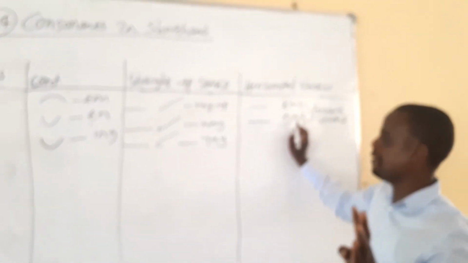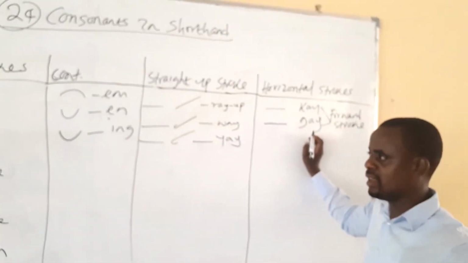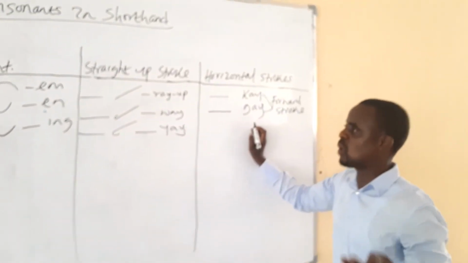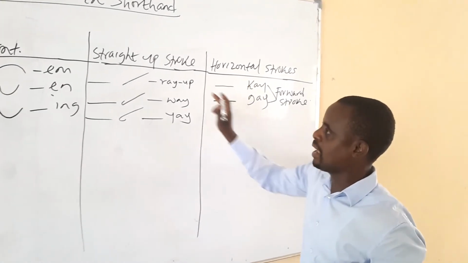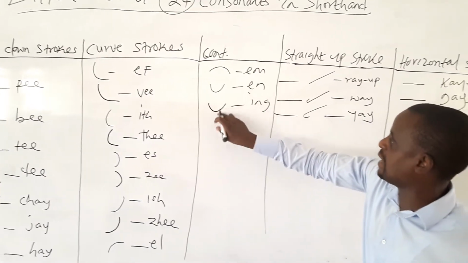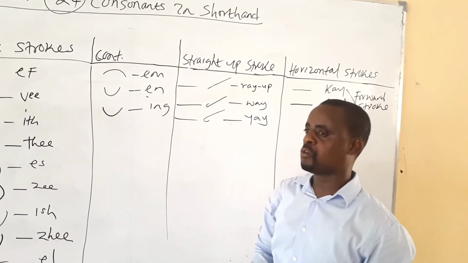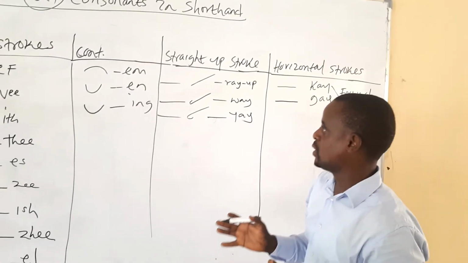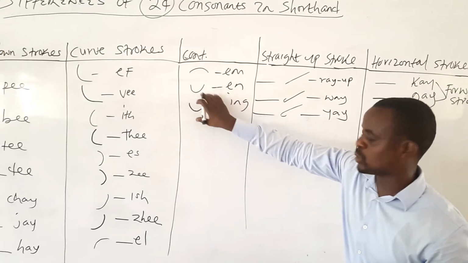So as a student, sometimes in an exam or any formal test, if you are asked to write the horizontal strokes, you can write K, G, M, N, ing. All these are horizontal strokes. But when we say forward stroke, we are writing this one, this one, this one, this one, this one also.